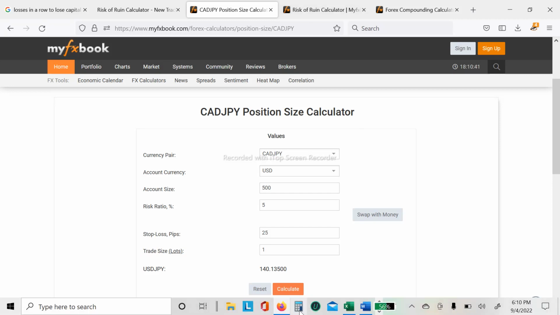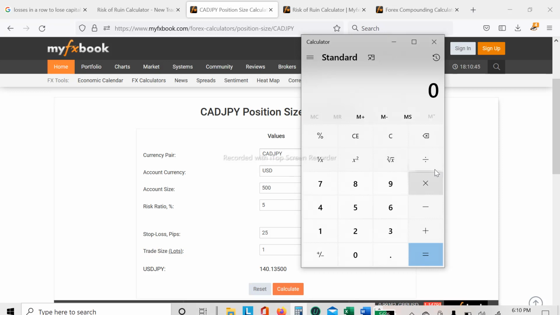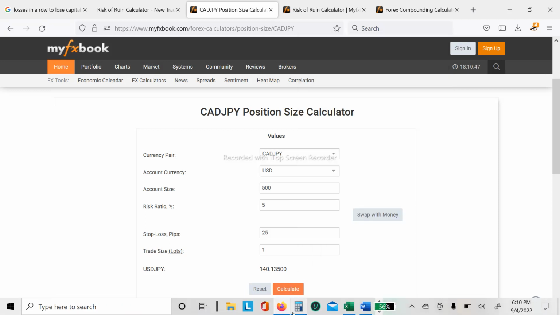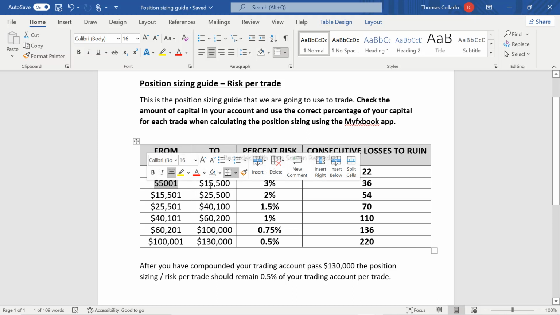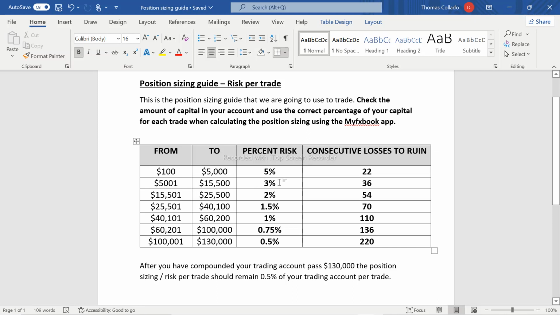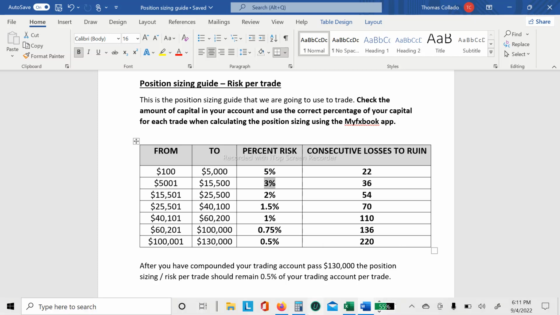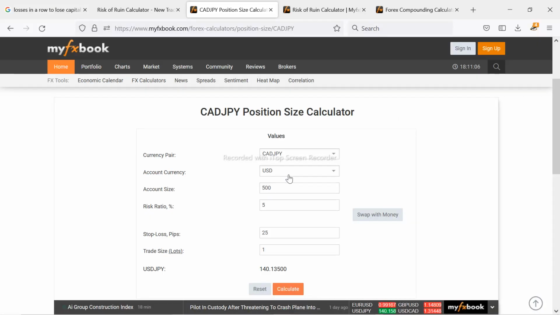So let's say you have $6,000 now in your trading account. $6,000 is between 5,000 and 15,000, so now your risk is gonna go down to 3%. Let's do it with 3%. Now you have $6,000.